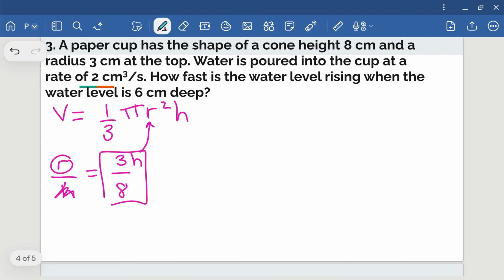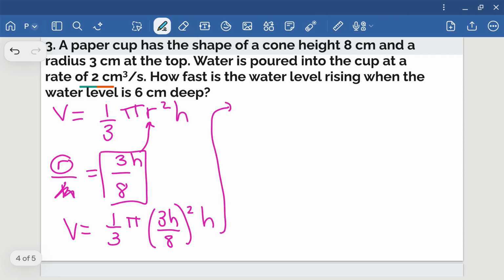So I would have, just to begin with, that my volume is going to be 1 over 3, just from the formula, pi times 3h over 8 squared times h. Now this would simplify to the volume equals 3 pi over 64 times h cubed.